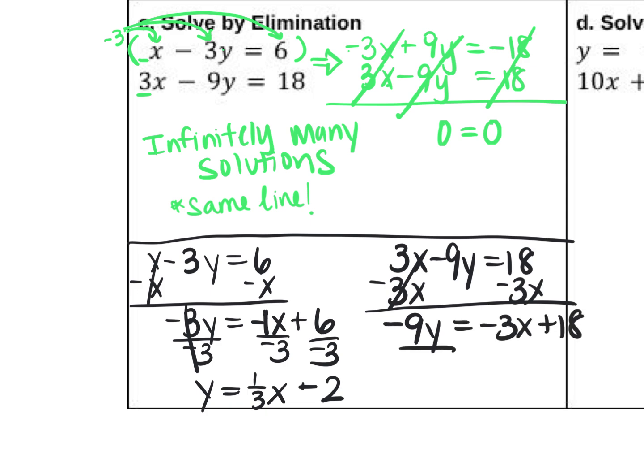Then we're going to divide by -9. -3 over -9 is positive, and if I divide by 3, I definitely get positive 1/3. 18 divided by -9 is -2. So look, they're the same line.